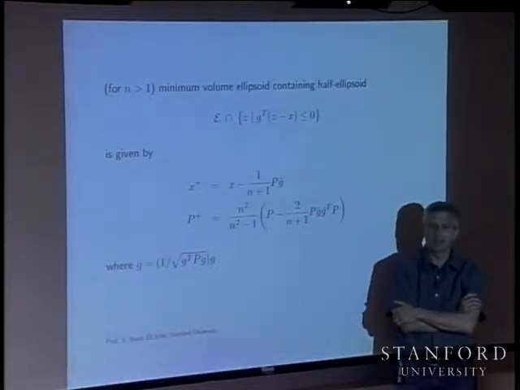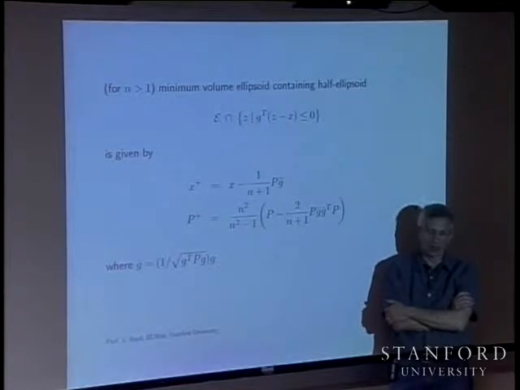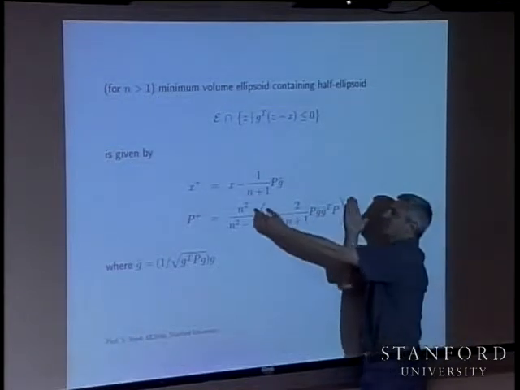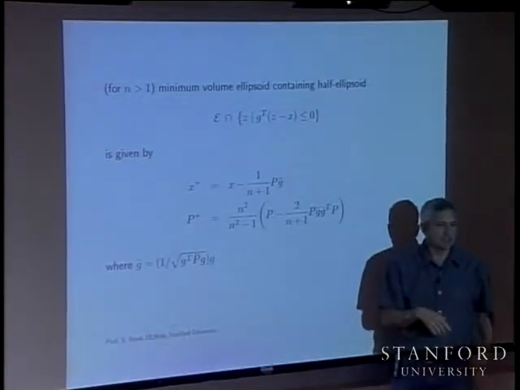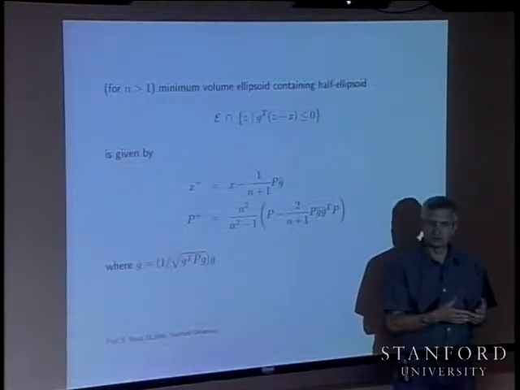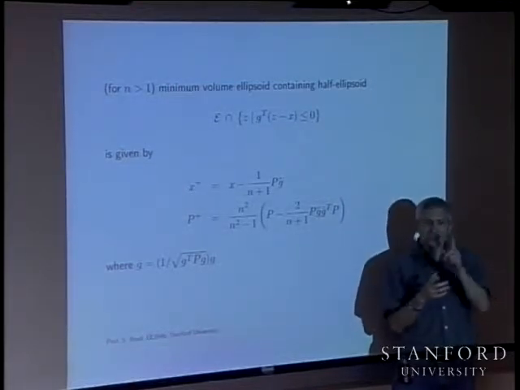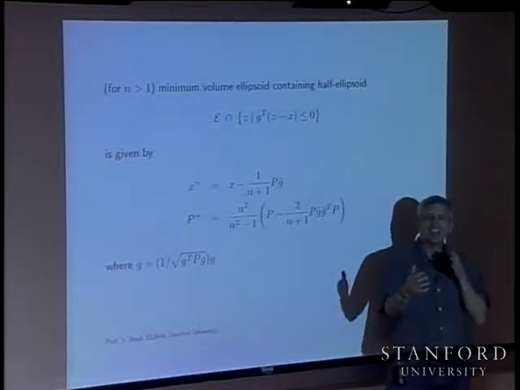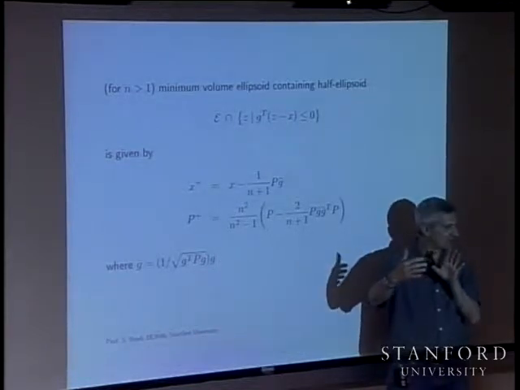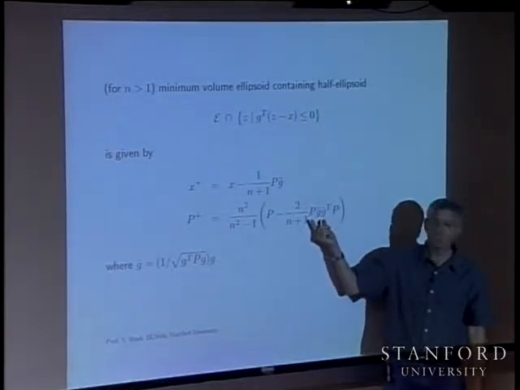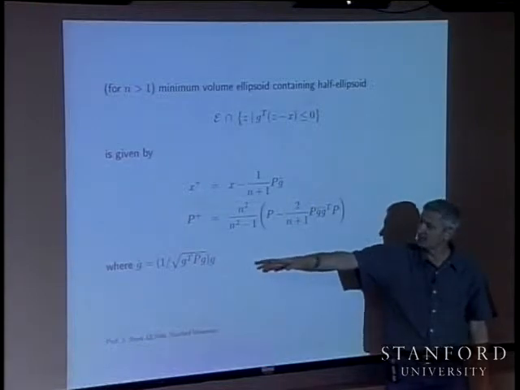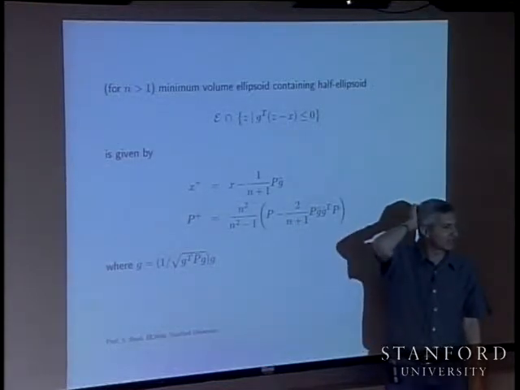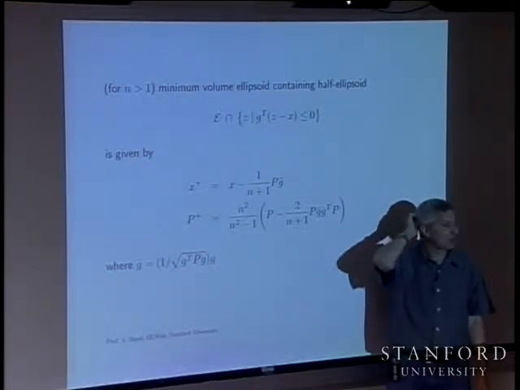Yes, they all got smaller. This matrix is less than or equal to P in the matrix sense, because it shrunk. Actually, it only shrunk in one direction, the direction PG, where G tilde is the normalized thing. But it got smaller.